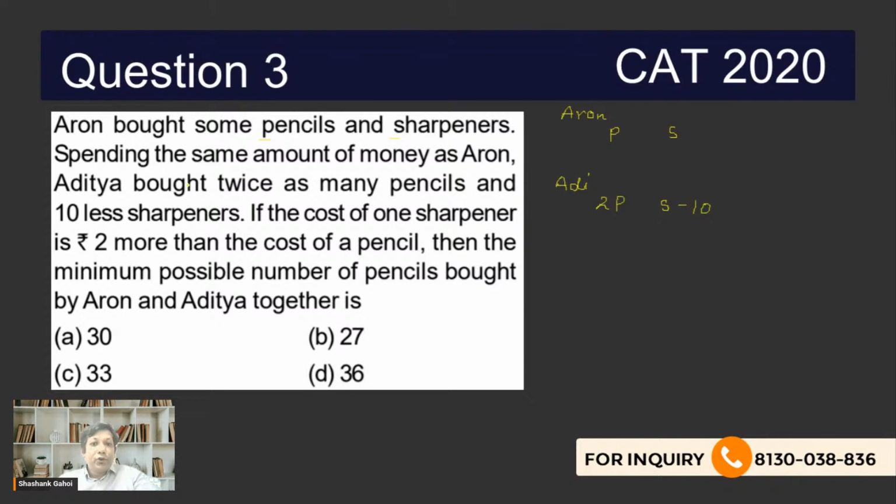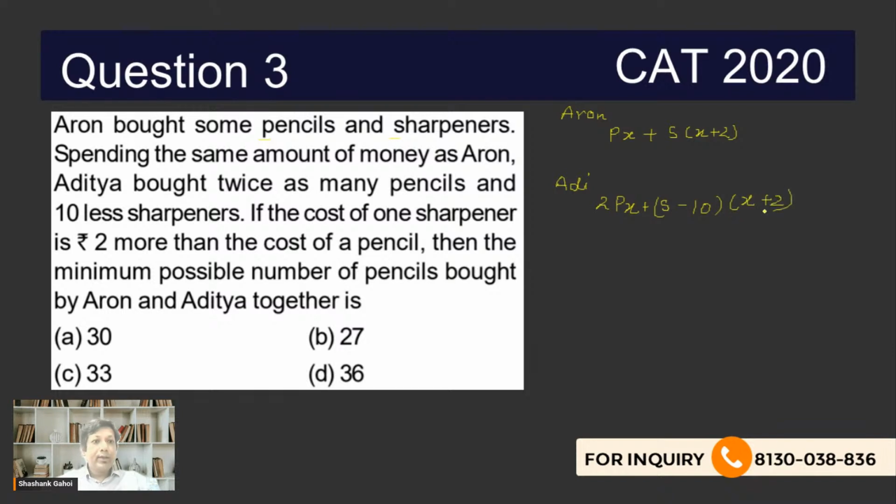Okay. If the cost of one sharpener is 2 more than the cost of a pencil. Let's say the cost of the pencil is x, so the cost of the sharpener is x plus 2. So this is the total amount spent by Aaron, and this is the total amount spent by Aditya. Now what does it ask?